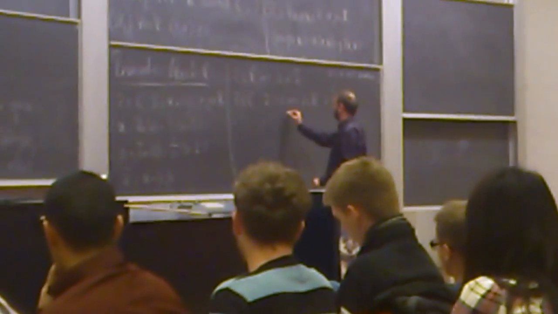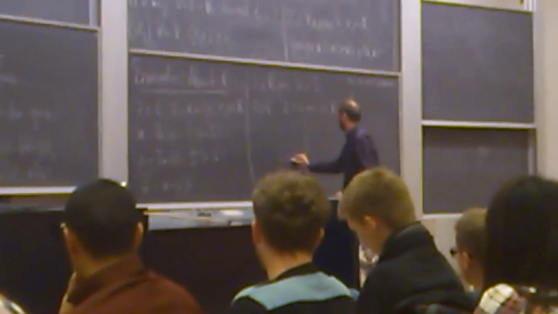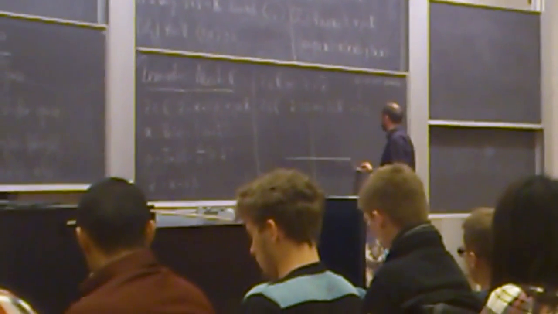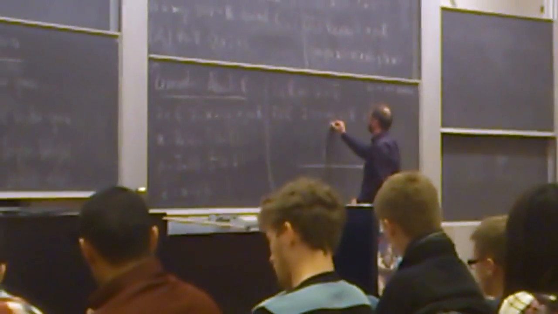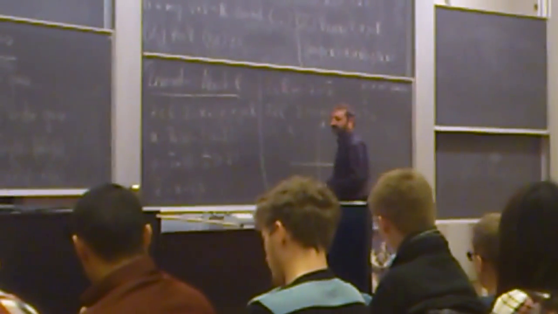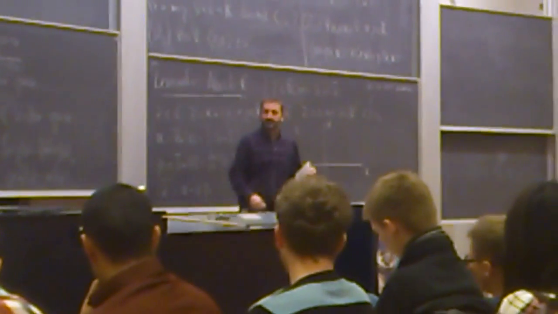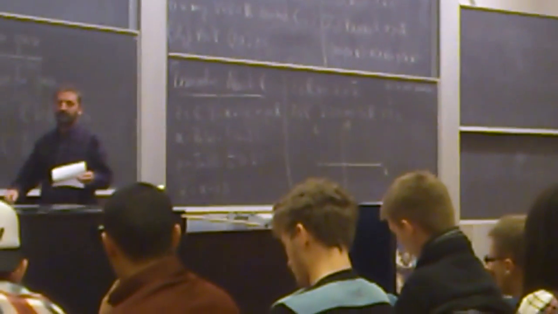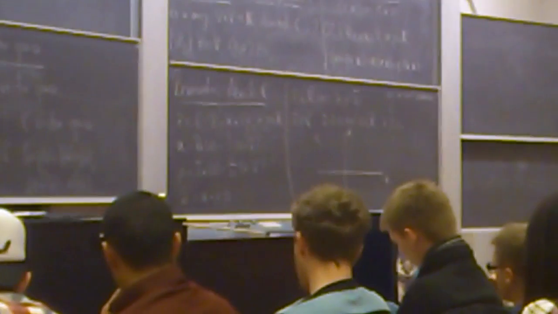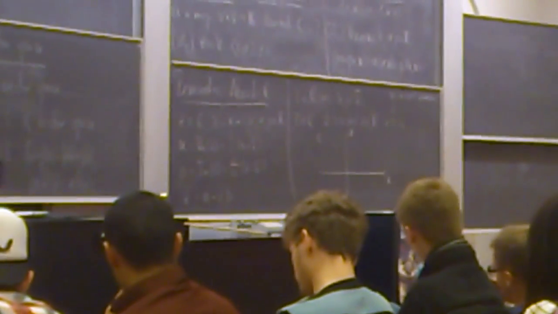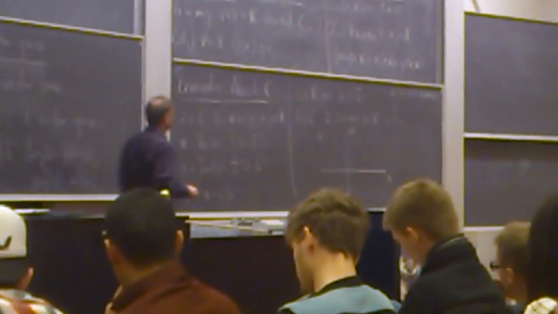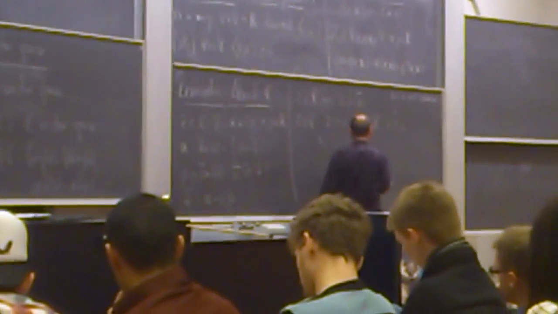So if you have the complex plane, these are the reals, these are the imaginaries, so this is the complex numbers, then the positive ones, maybe take the blue.